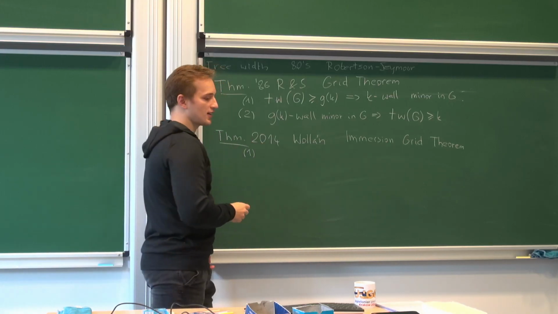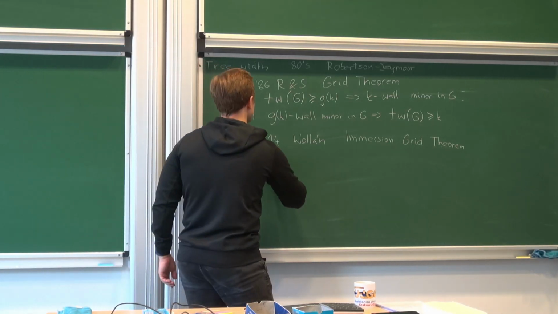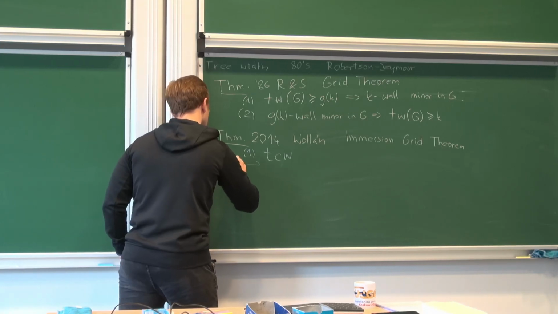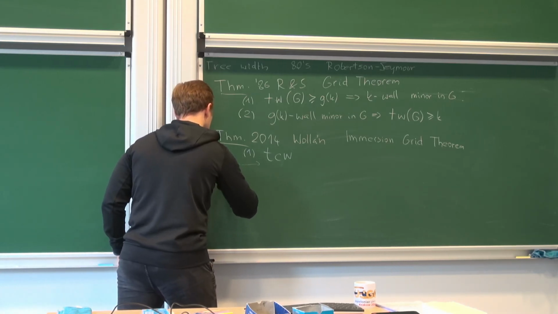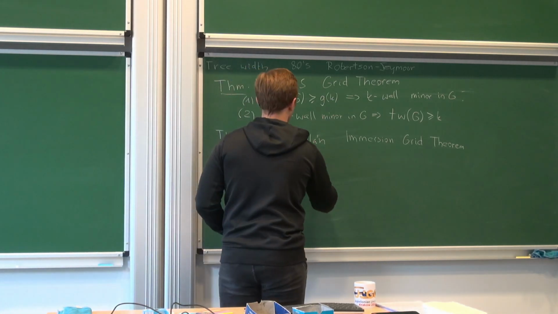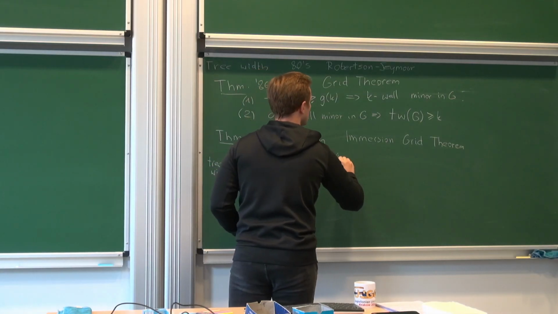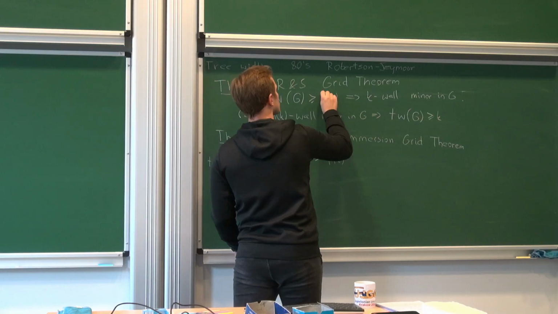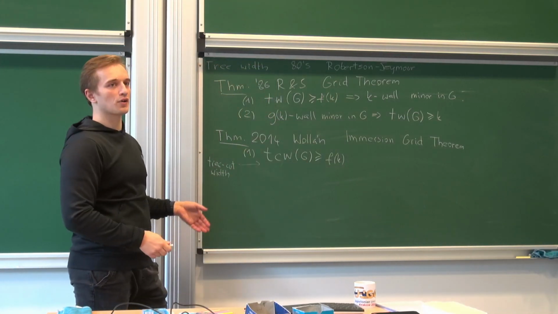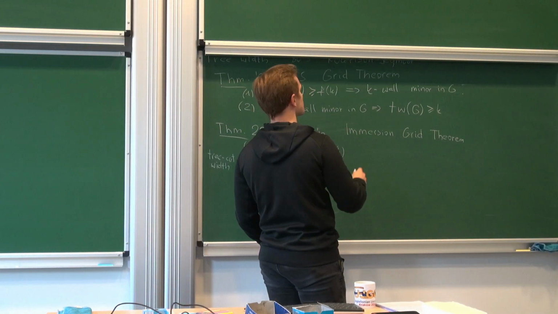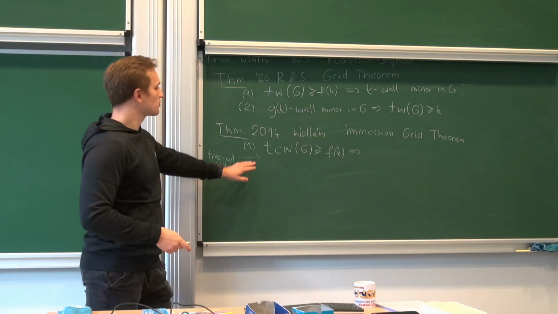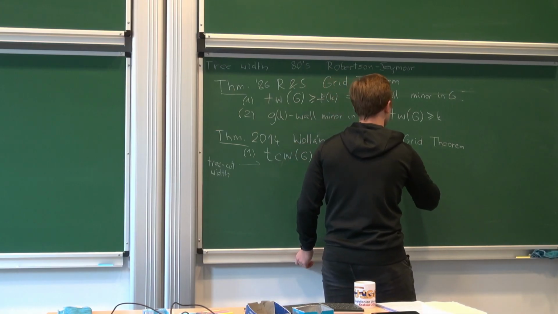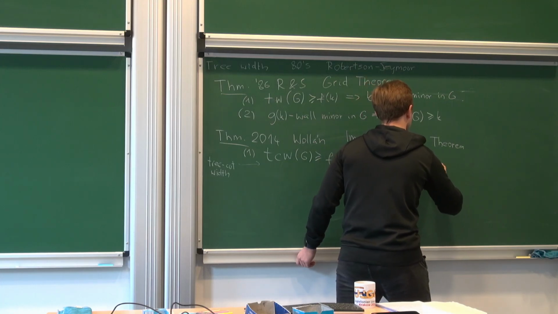The first part is, if this time, the tree cut width of our graph is larger than some function of k, and these functions are completely unrelated, at least for the statements I want to give, if this parameter is large enough for our graph, then a k wall appears as an immersion in our graph.